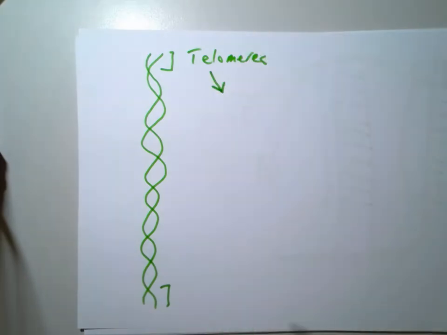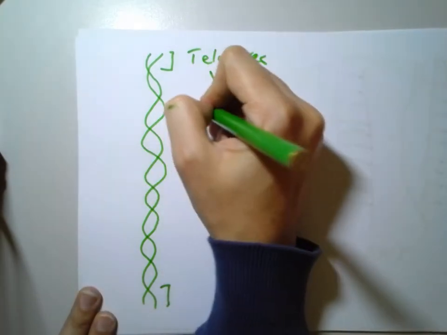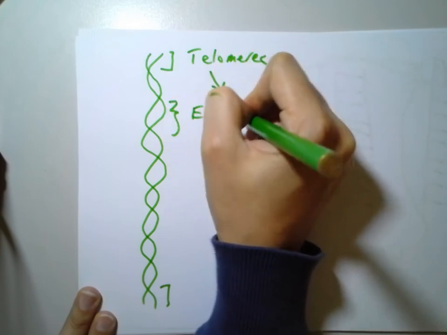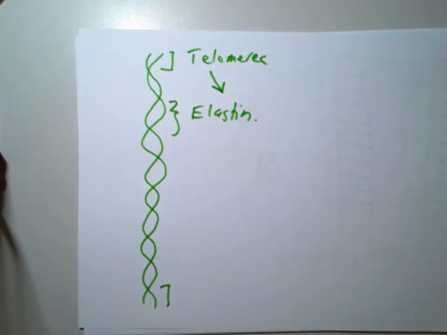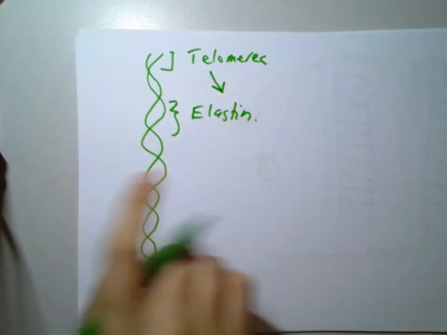Now, a case study is elastin. Elastin is the protein that makes your skin elastic. So every time you grab your skin and pull it back in, just like this, the protein responsible for pulling it back in is called elastin.